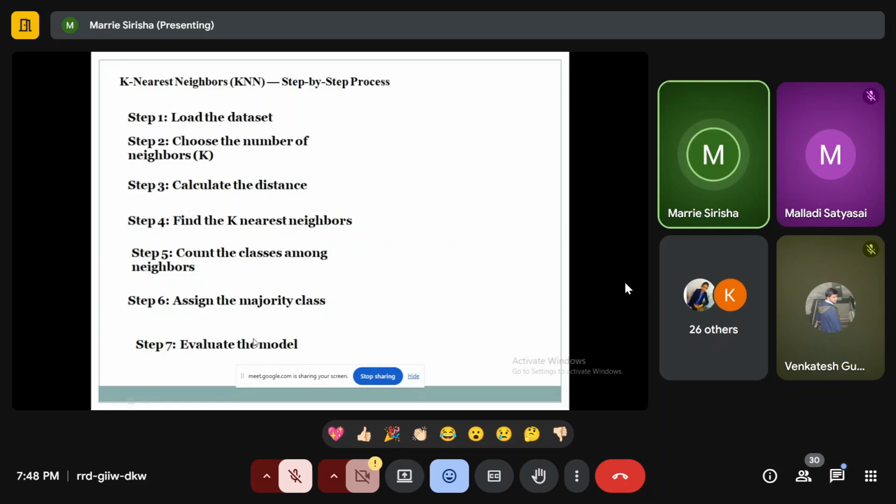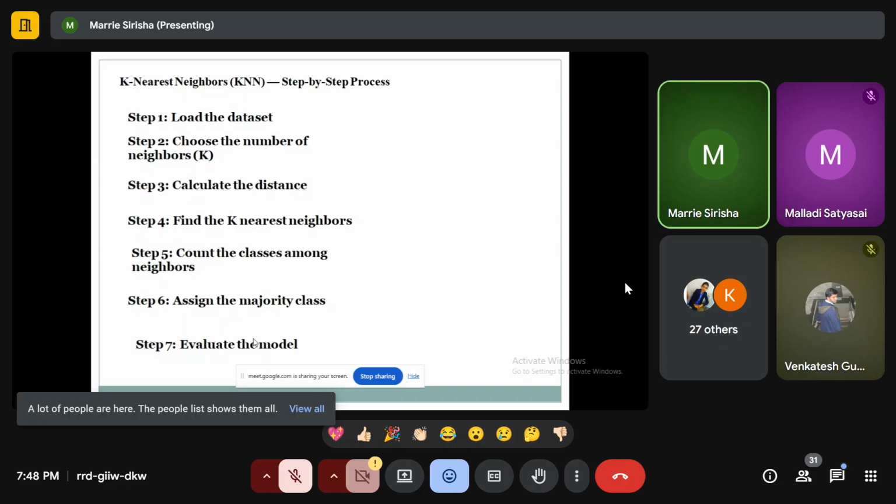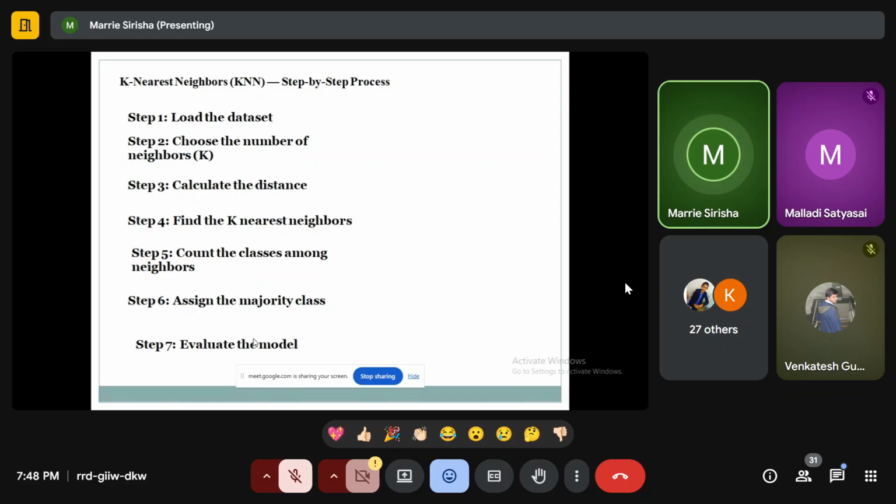And in step 7 you have to evaluate the model. Evaluate the model is nothing but you measure the accuracy, precision, recall, performance evaluate చేస్తున్నాం మనం step 7 లో. So these are the steps you need to follow to apply the KNN algorithm.